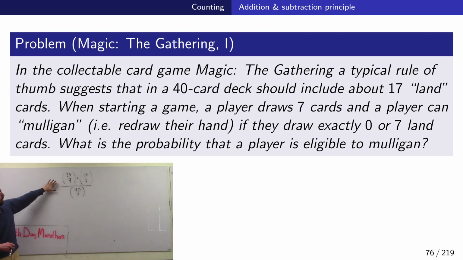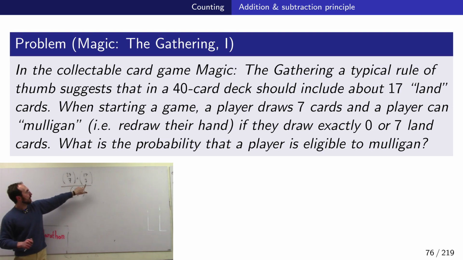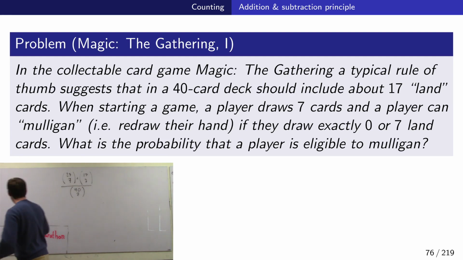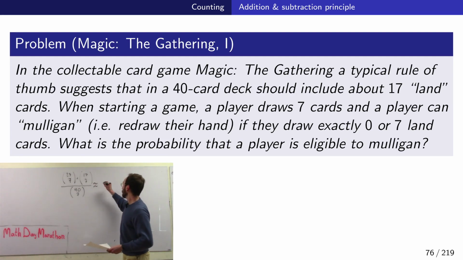This actually ends up being our probability, because these are our only ways of doing it. I choose no lands, I choose only lands, I choose a hand. So we get our probability, which is approximately, anybody have a guess?